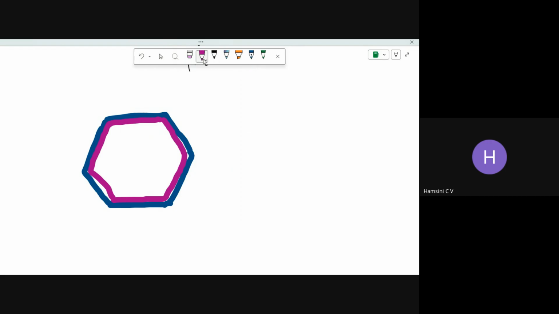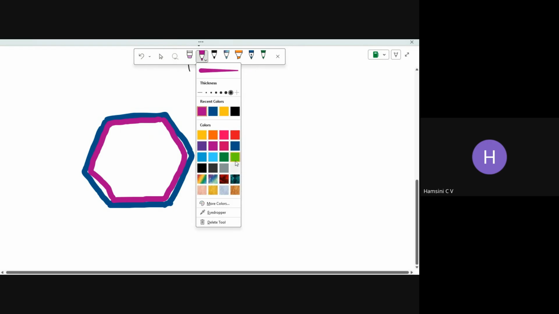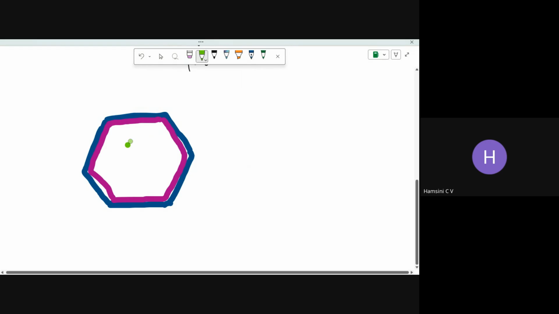It deposits the wall which will be the innermost one. See here, if it is adding one wall and again adding inside, that one wall will move to the innermost one, no? So S1 is the innermost cell wall. Like this.